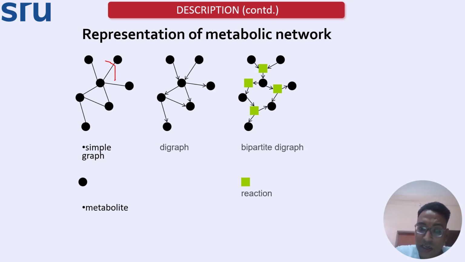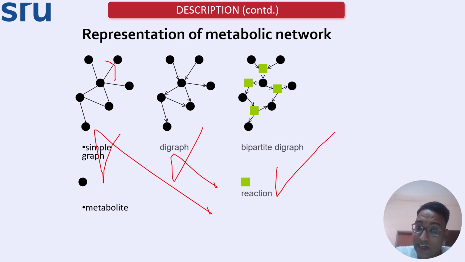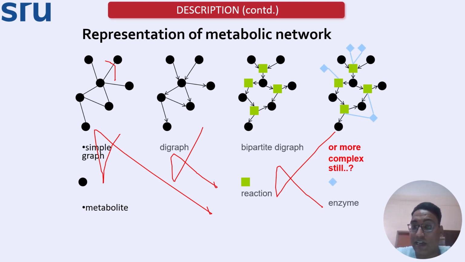So it is not a simple graph. Okay, it is not a digraph. It is not a bipartite graph as well. It is much more complicated, where different molecules turn up to change the complete behavior.